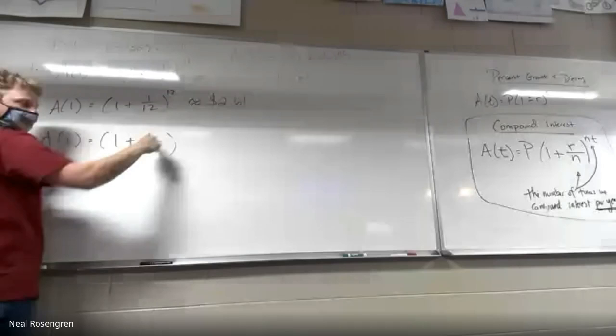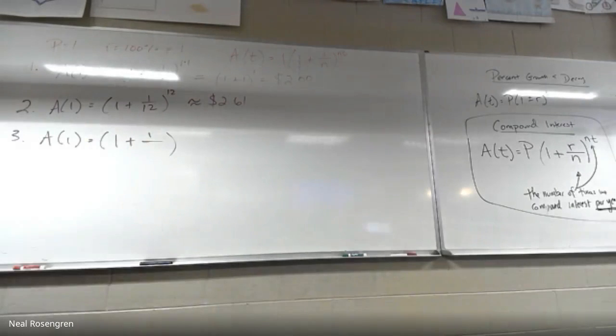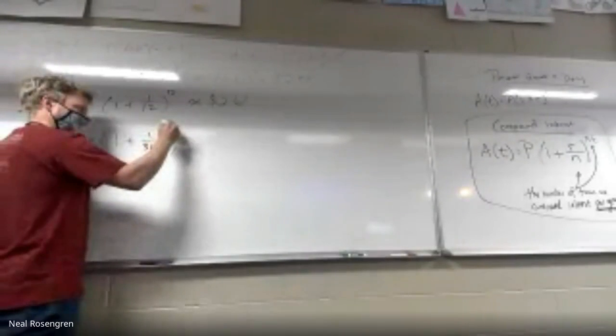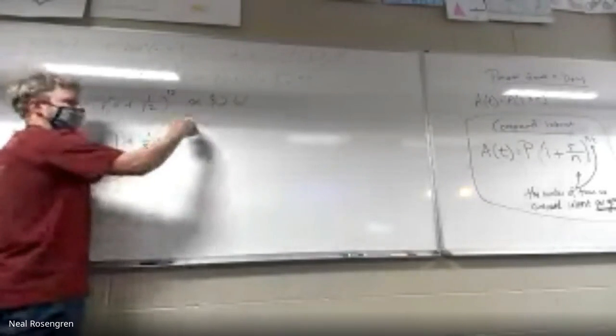So none of this is going to change, right? The only thing that I'm going to do differently is mess with that. I want to see if I can just keep making more and more and more and more, and if this is going to keep growing and growing. All right. So what about compounded daily? Now, I could have gone weekly, but I skipped it. 365. So down here goes 365, and so does that. Again, it's times 1, right? Because it's 1 year.